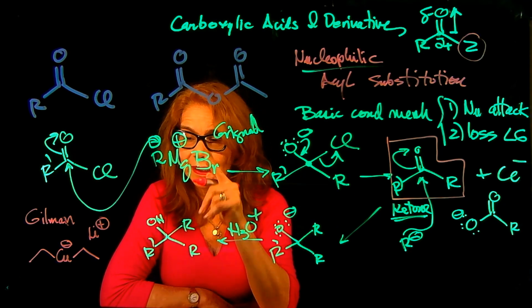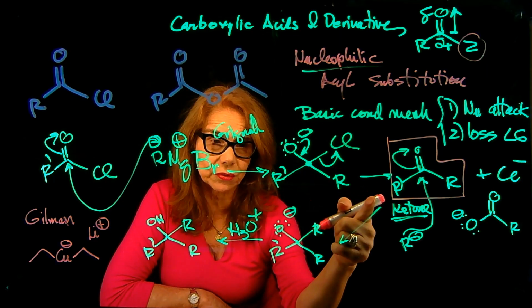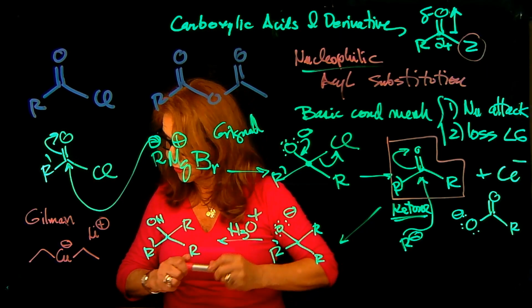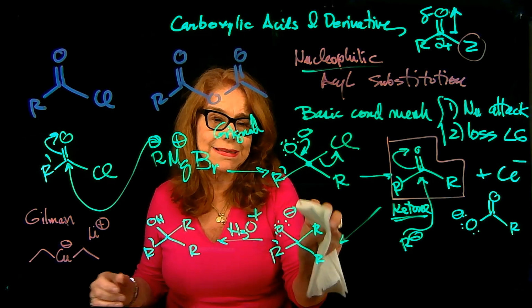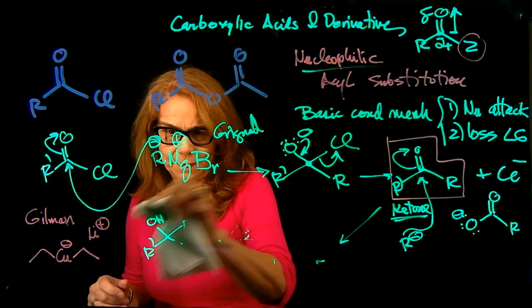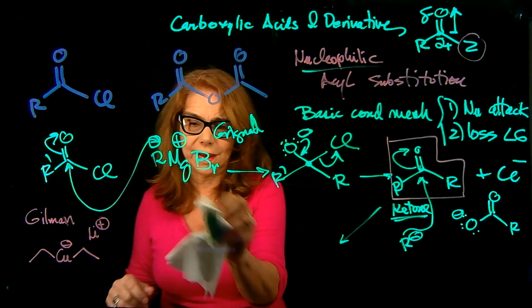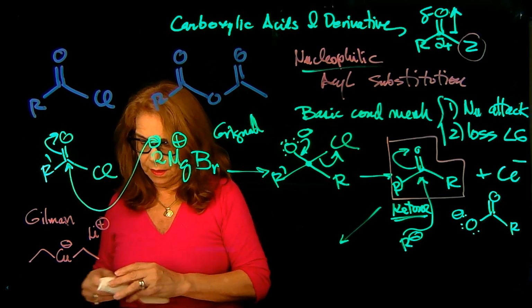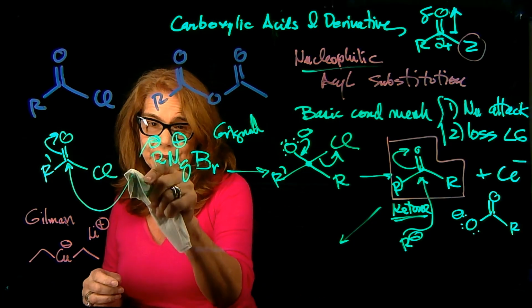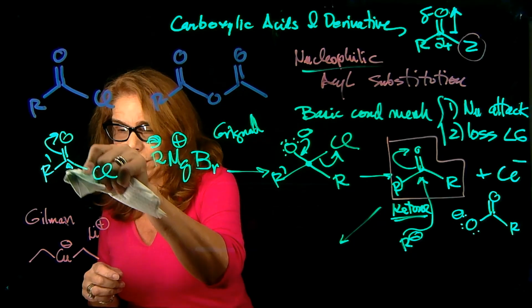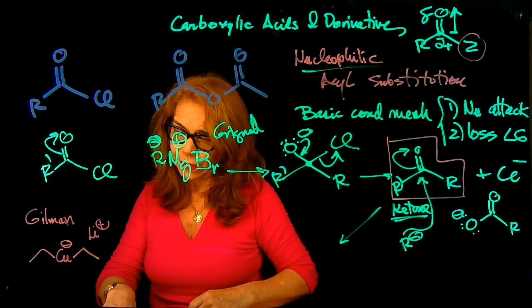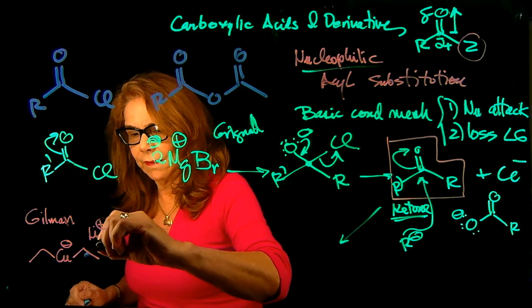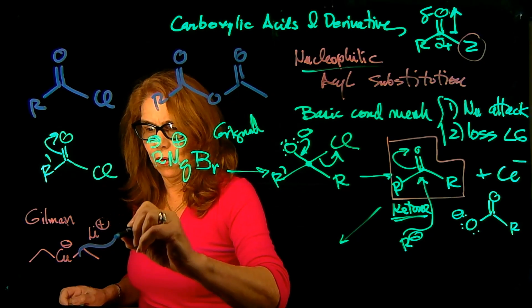But Gilman cannot attack ketones. So let's redraw the first step. What would happen if you use Gilman instead of Grignard? So at this step, let's remove this arrow here. We already did the Grignard. So now what you will be doing is transferring this over here.